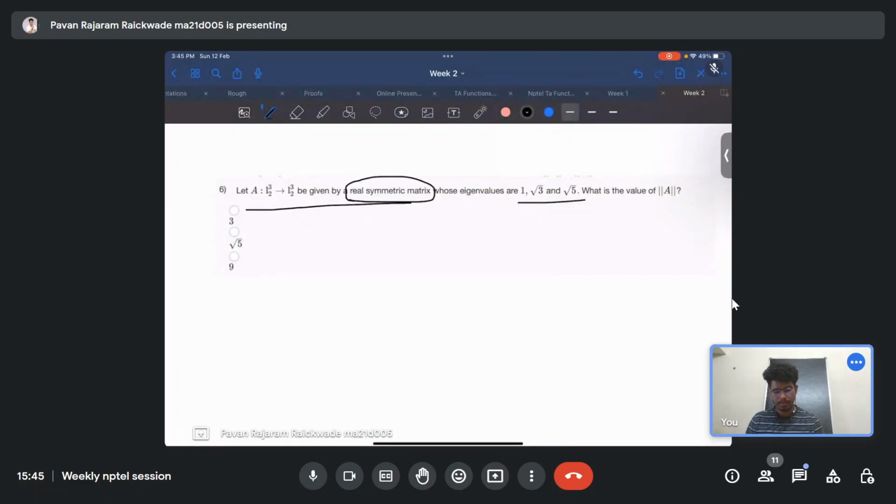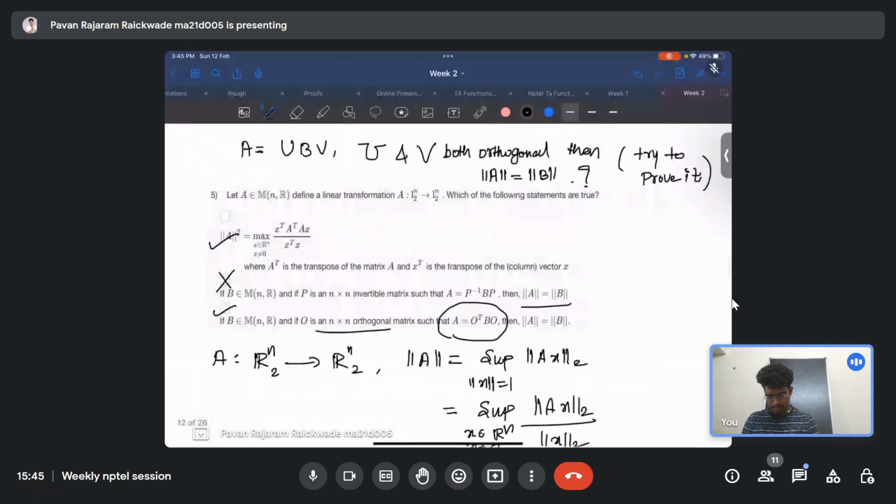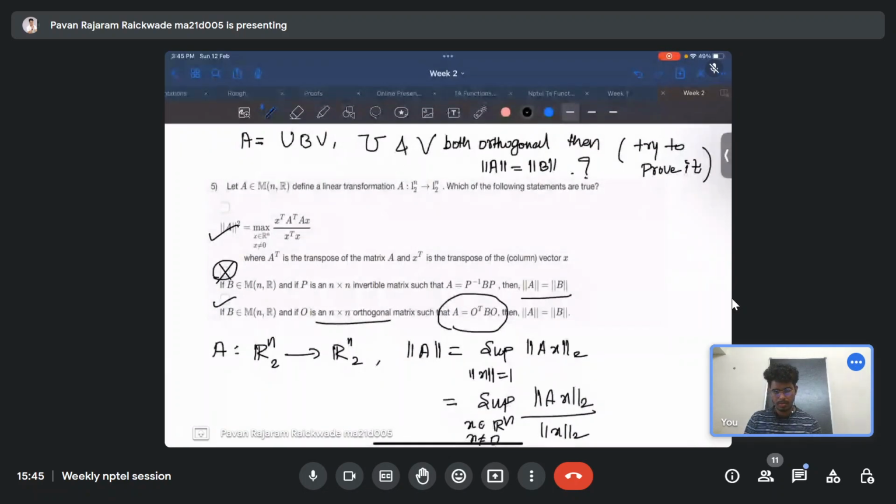Diagonalizing is absolutely correct, but in the previous question you observed option B. If P inverse B P is the diagonalized form of B, where B is a diagonal matrix, then that is the diagonalization of A. What is the diagonalization of A?